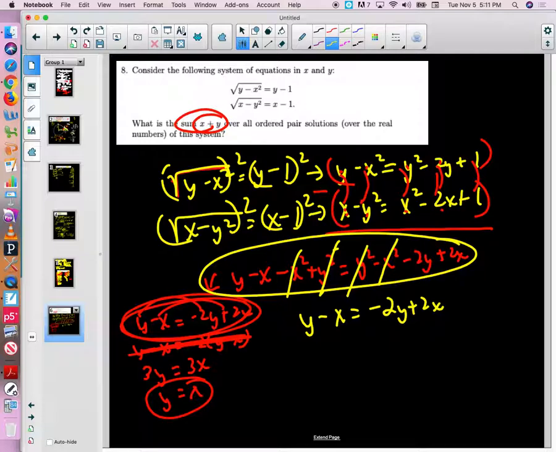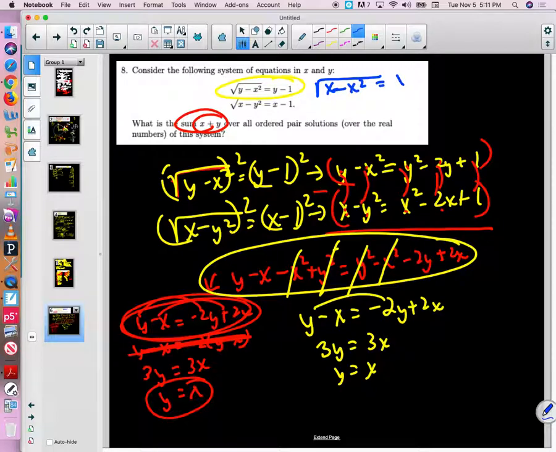So it gives me 3y equals 3x, so I know y is x. So sub it into one of these. Everywhere there's a y, I'm going to put an x. It doesn't matter. So I have x minus x squared equals x minus 1 because y equals x.